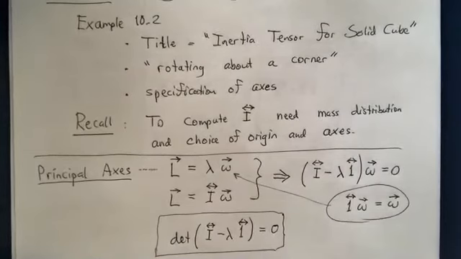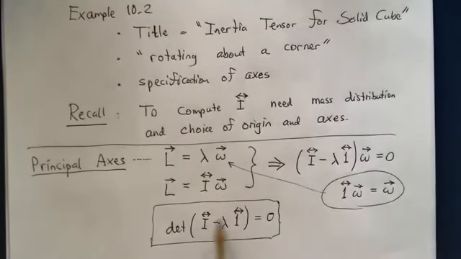Anytime we can reduce one of our problems to an algebra problem, that's great news, because we love to solve algebra problems. One little problem here, this is a cubic equation. In general, cubic equations can be rather unpleasant. How can we convince ourselves that this is a cubic equation? Well, the quantity inside the parentheses here is the 3x3 matrix. And in particular, this lambda occurs on the main diagonal.